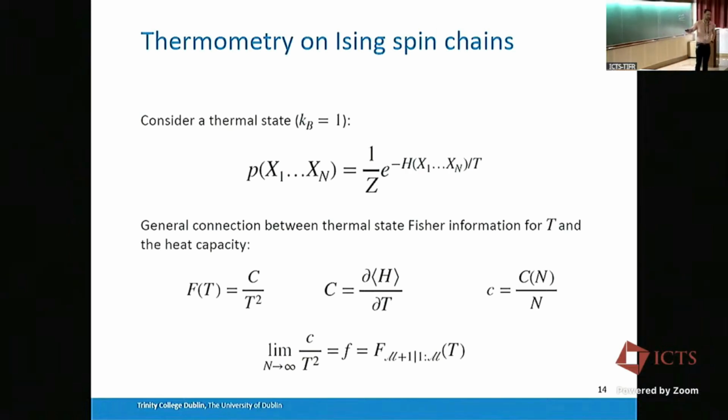The Fisher information there corresponds to the heat capacity over T squared, where T is the temperature. And the heat capacity and the specific heat capacity are defined as here. So in the large N limit, we get the specific heat capacity scaled by this T squared as exactly this bit of the Markov order that we just identified, of the Fisher information that we just identified.